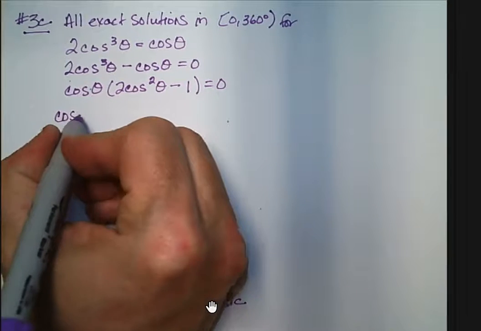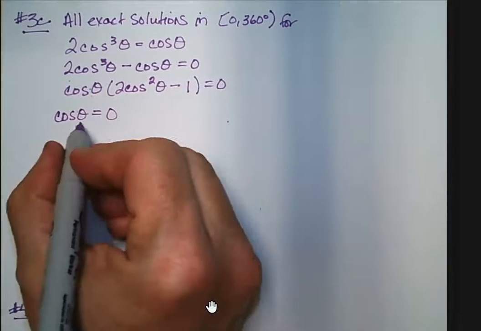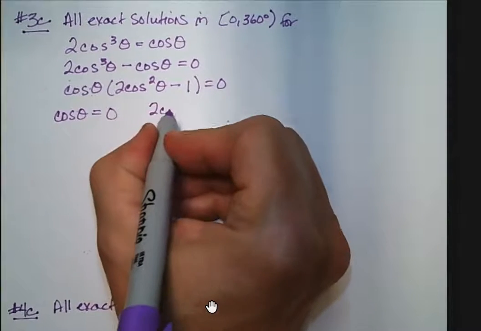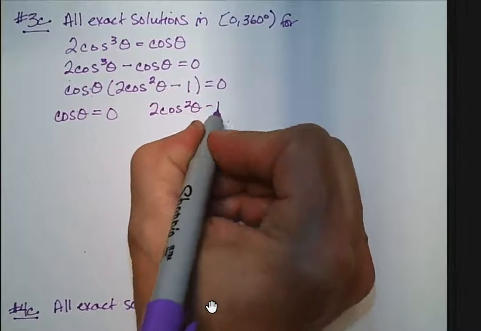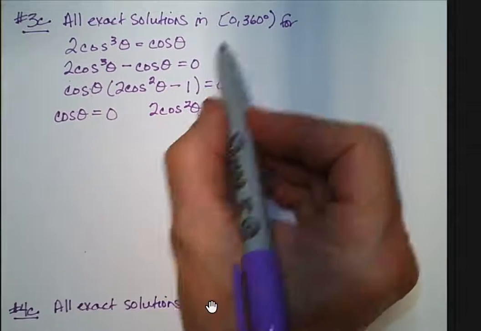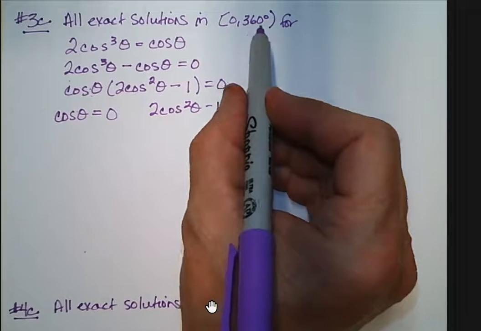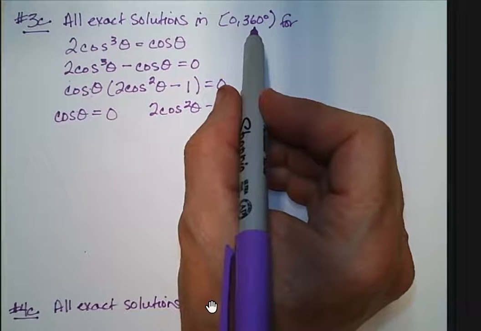So what we can do is take each factor and set it equal to 0. There's one equation that we're going to solve, and here's another equation that we're going to solve. Now we're looking for the solutions in the interval from 0 to 360 degrees. That means we're looking at solutions in degrees.